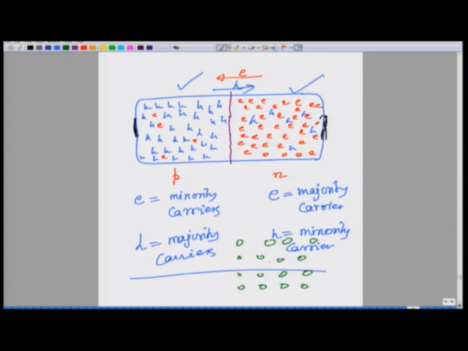If there is a hole somewhere here, and this hole has moved here, what does that mean? That means the broken bond which was here, now the broken bond is here. This electron from the bond has gone and filled this. So, essentially it is an electron flow, but equivalently we say it is a hole flow, and then we treat this hole as a positive charge.